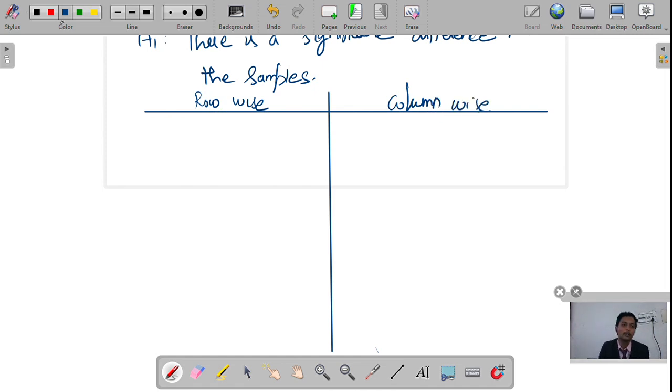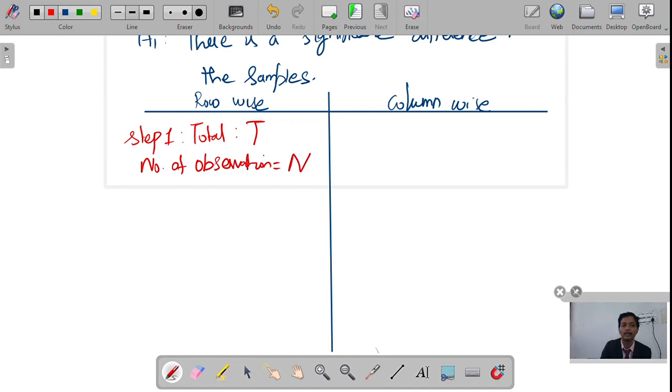Step 1, we need to find the total, which we denote as T, and the number of observations as capital N. The same case here.